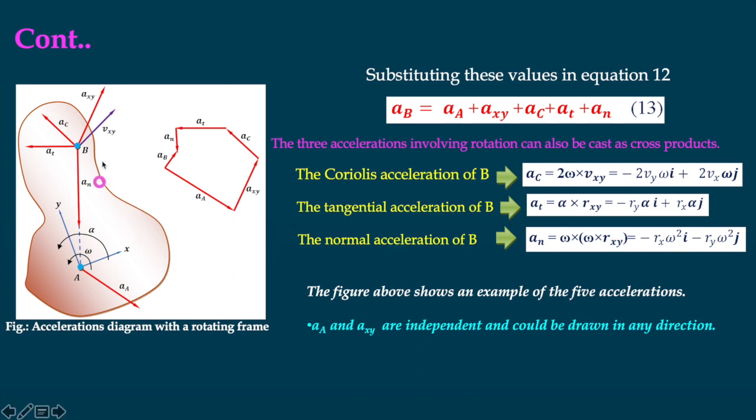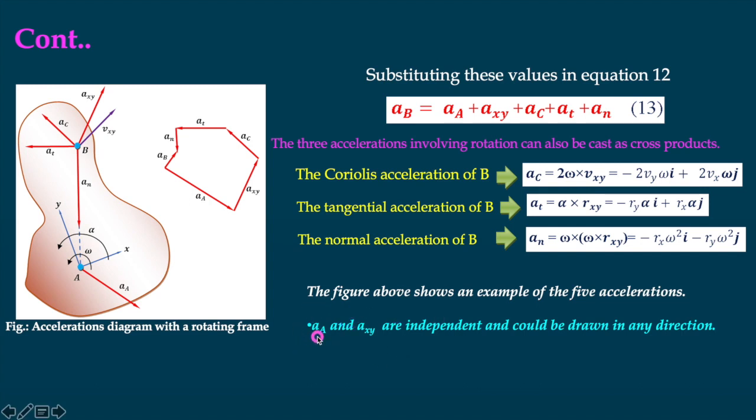Now in this figure, for this equation, the accelerations AA and AXY are independent, which means they do not depend on each other, they depend on the motion. So we can draw AA and AXY in any arbitrary direction, or, in a numerical problem, as the direction is mentioned.